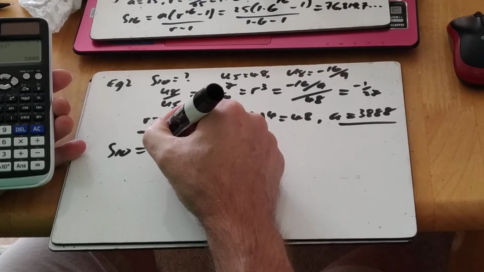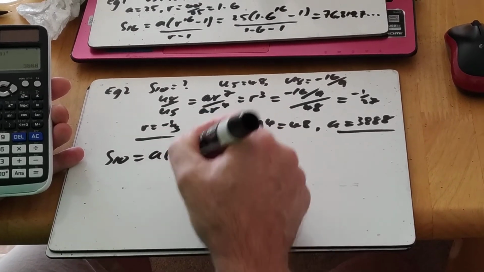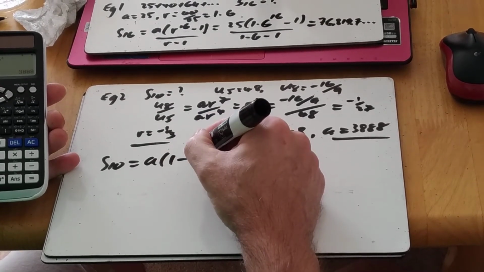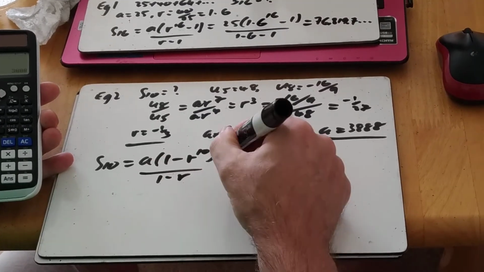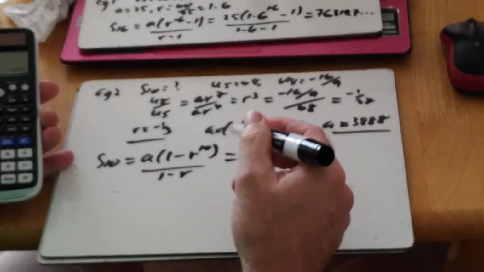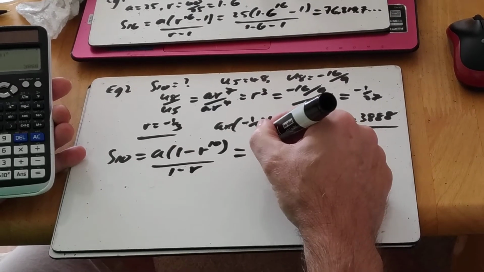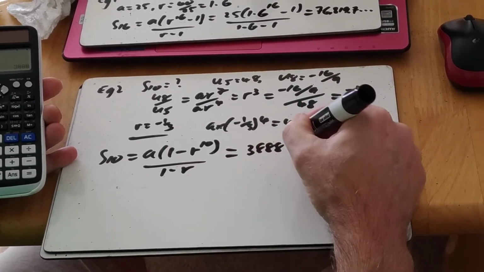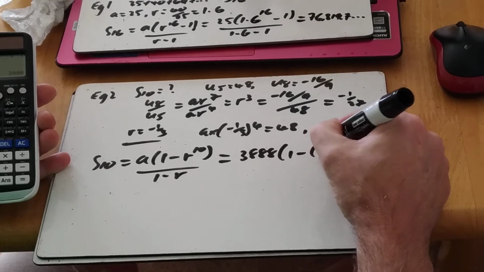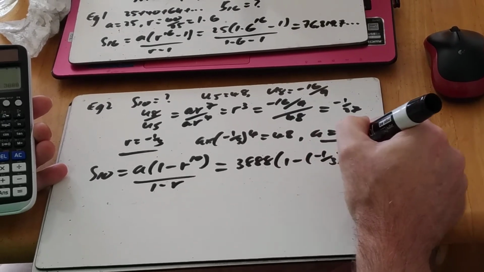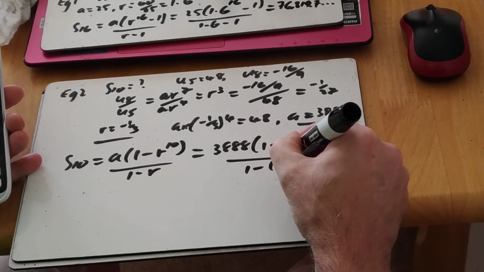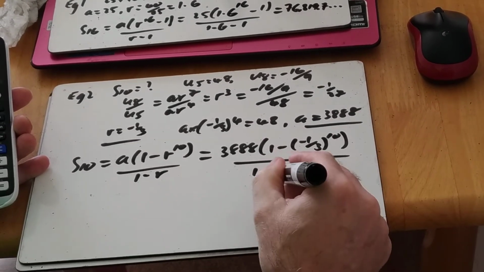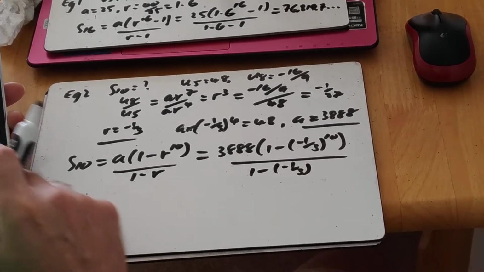I can say S10 is a bracket, I would use the 1 minus r to the 10 over 1 minus r, so I'm not dealing with minus values where I can avoid it. So 3888. 1 minus, I've got to be careful with my brackets when I use my calculator. 1 minus minus a third will be bigger than 1.